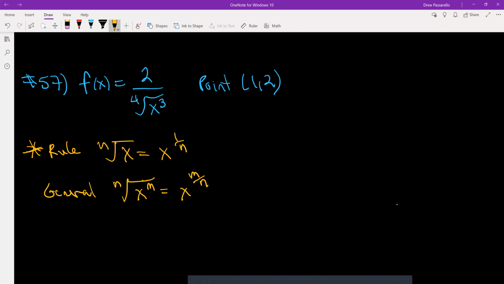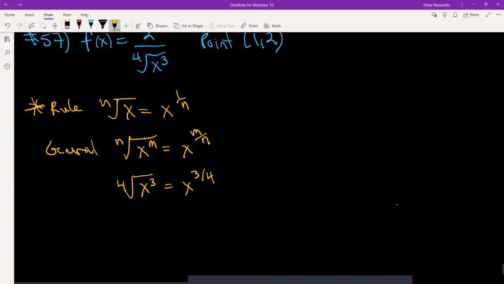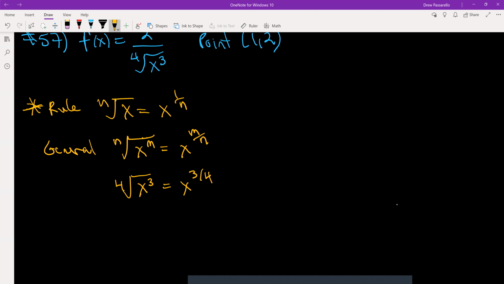So for this one, I have the fourth root of x cubed. That's equal to x to the 3/4. Whatever the exponent is underneath the radical sign goes up top for the fraction, and then the index goes on the bottom. All right, so that's really x to the 3/4.